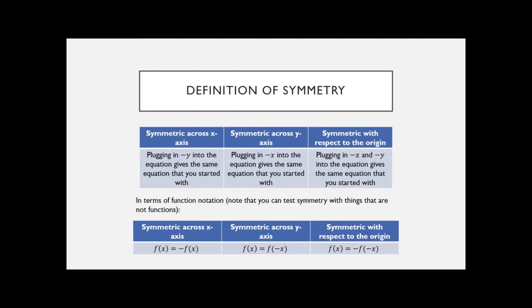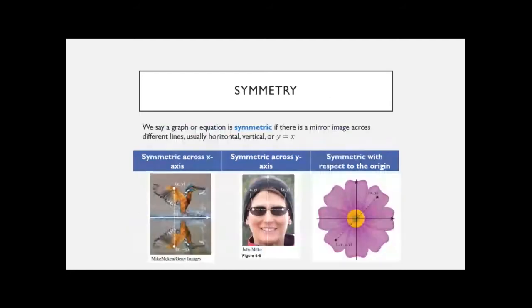Or if you have an equation, your equation will look identical after you do some simplifying. And it's much easier seen if you look at it in these graphs. So symmetric across the x-axis, for the same x value, you have a positive y and a negative y. They give you the same x value.